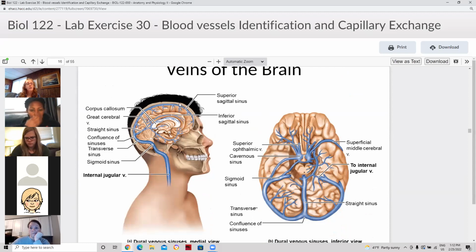So moving down, how do we drain the blood from the brain? The internal jugular vein, the sigmoid sinus. The external jugular vein is going to drain the rest of the head. The internal jugular vein is going to drain the brain area.